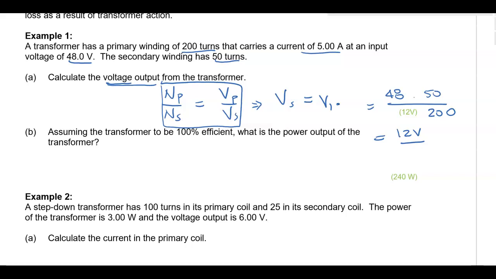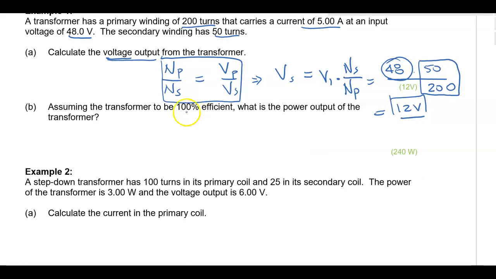Oops, we want the ratio of the number of turns of the secondary to the primary. So 48 volts in, a ratio of 50 turns to 200 gave us an output of 12 volts. So that's probably like a little toy transformer.